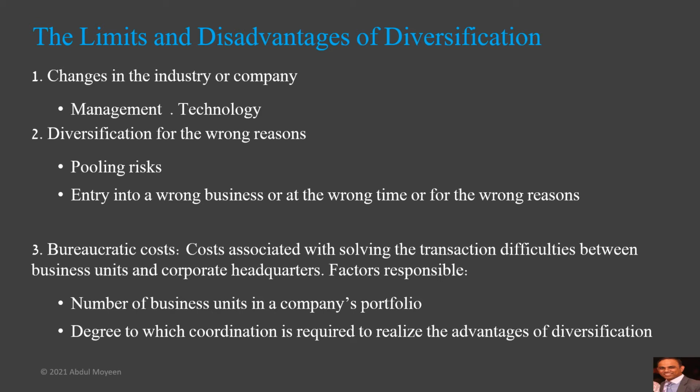However, research suggests that corporate diversification is not an effective way to pool risks because the business cycles of different industries are inherently difficult to predict. So it is likely that a diversified company will find that an economic downturn affects all its industries simultaneously. If this happens, the whole company's profitability plunges.